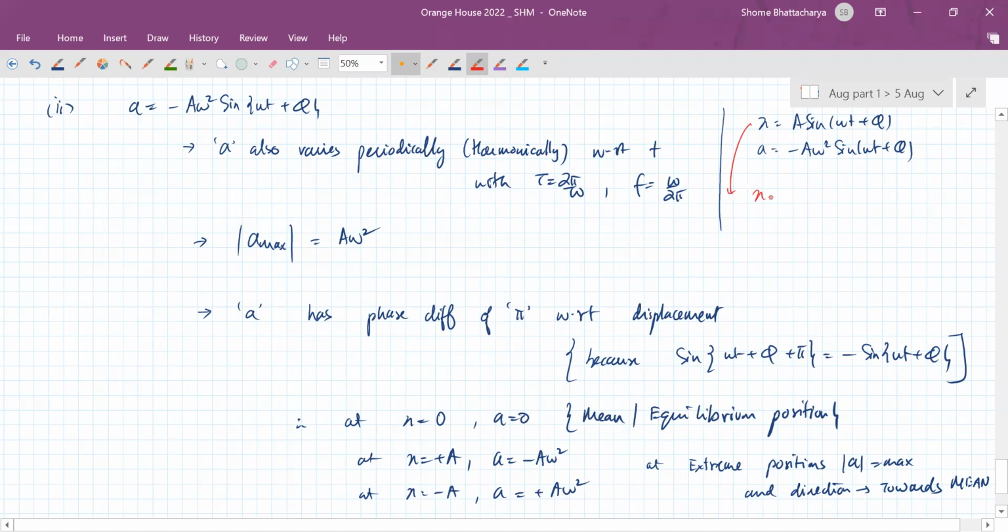Here, when the value of x is plus A, what that means is, at that instant, sin(omega t + phi) is how much? It is plus 1. So correspondingly, how much will be the acceleration at that time? It will be minus A omega squared. Got it?